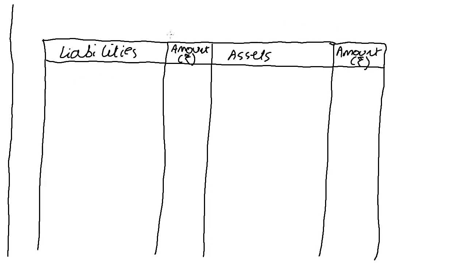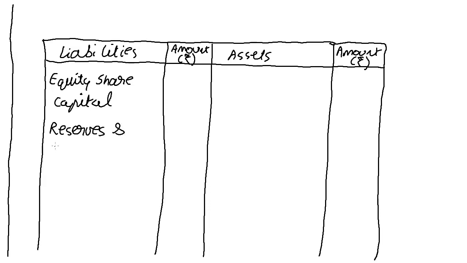And when you're doing a company balance sheet, you have certain usual suspects. We have to have equity share capital. We normally have reserves and surplus, and we have a whole bunch of current liabilities, long-term liabilities, and we need to see from the question.